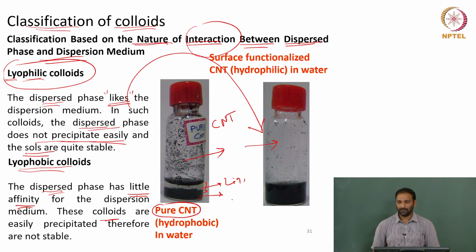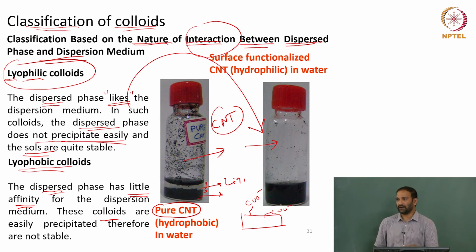Again, the details are not important. The surface functionalization is done as simply as putting these CNT particles in an acid solution and then sonicating for some time. The idea is that on the CNT molecules you can form some acid groups, maybe COO minus or something like that.